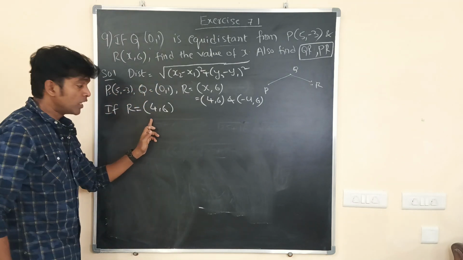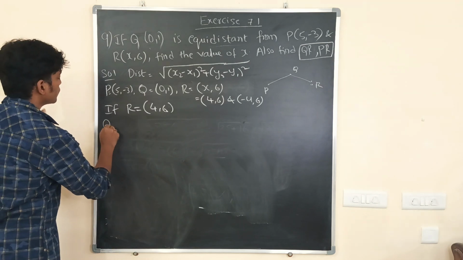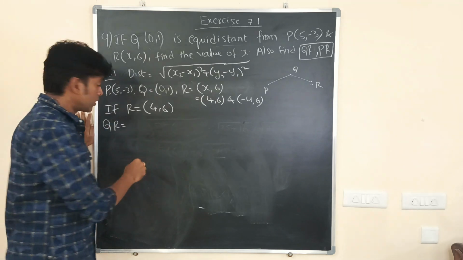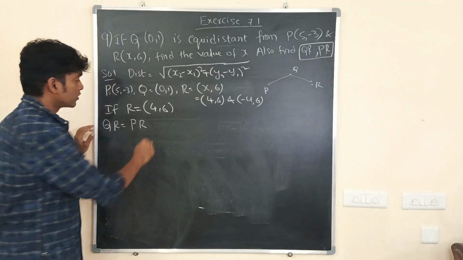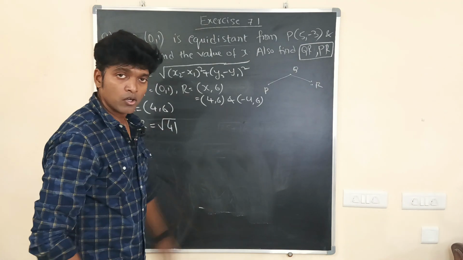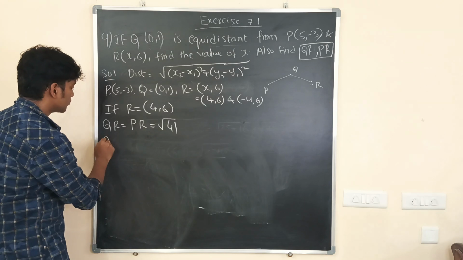For case 1, if R is equal to 4 comma 6, then QR is equal to PR, which we already got. PR is square root of 41, as we got on the previous page, but we can find QR again.